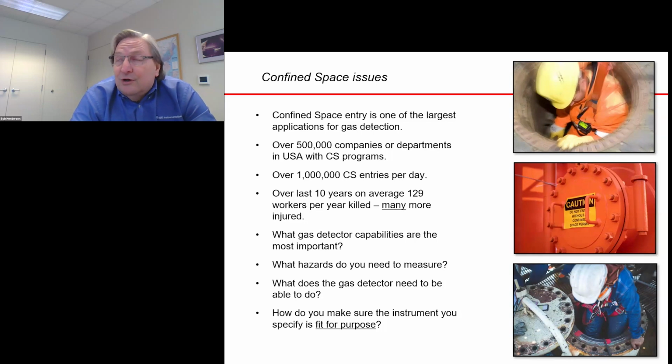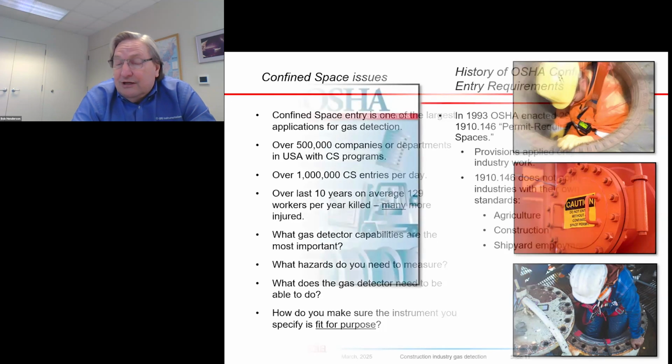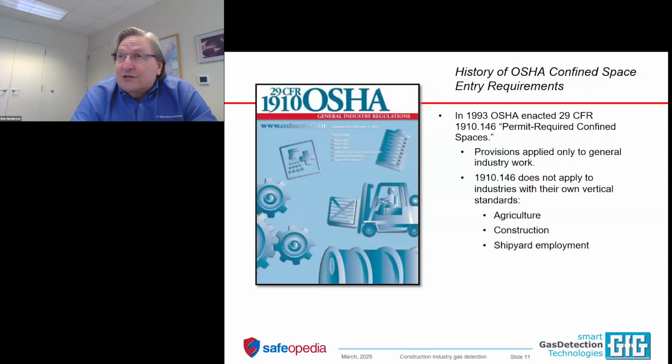And the rescuer is harmed as well as the original entrant. You need to be well trained. You need to be using the proper equipment. You need to conduct the entry into a confined space in accordance with the legal requirements of the confined space entry standards. And if you don't, you set yourself up for all kinds of problems.